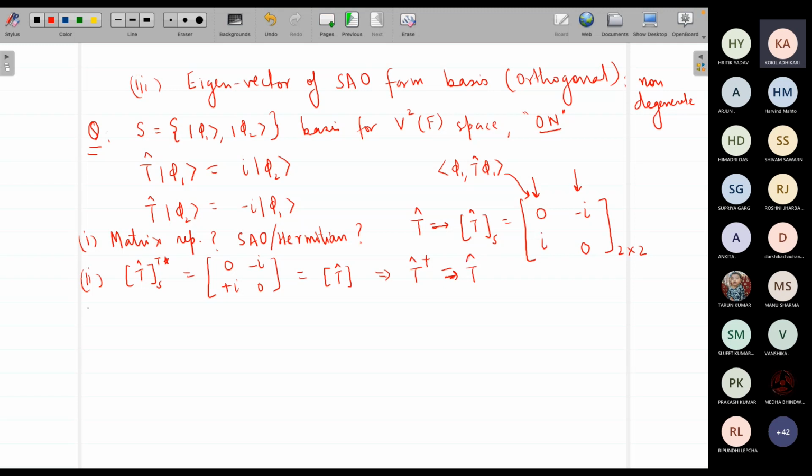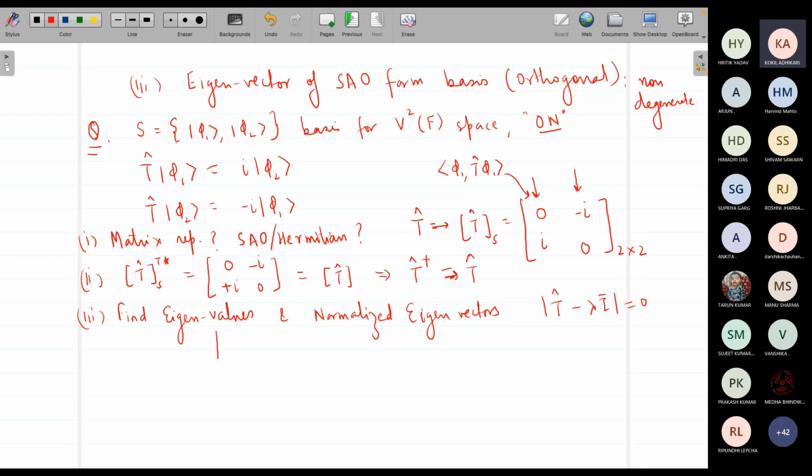Now, third thing: find eigenvalues and normalized eigenvectors. For the eigenvalues, remember the characteristic equation which we are supposed to solve, the determinant of this matrix minus lambda times identity is 0.